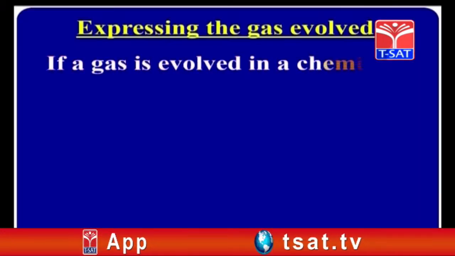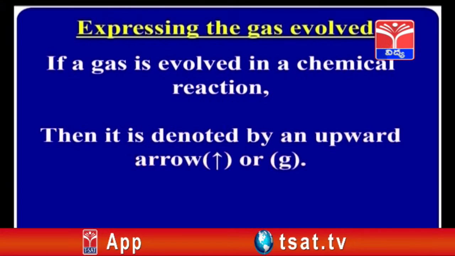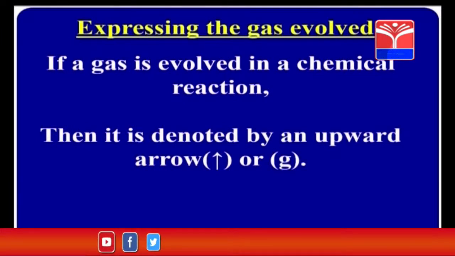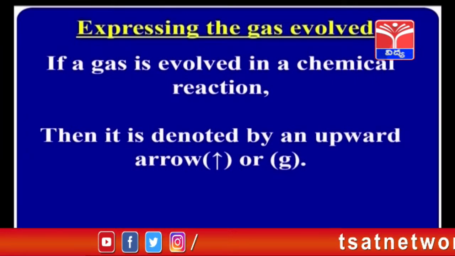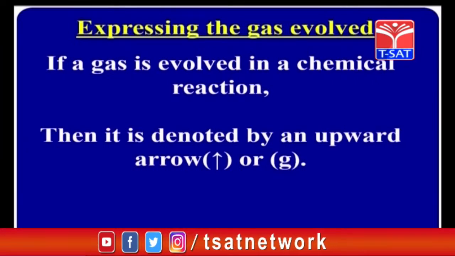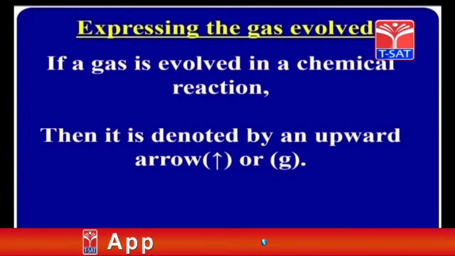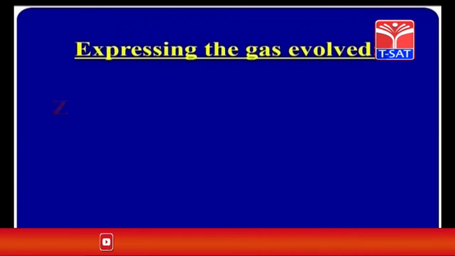So, whenever a gas is evolved in a chemical reaction, it is denoted by an upward arrow mark, or it can be denoted with the symbol G. If gases are released in any chemical reaction, they should be indicated with an upward arrow mark, or with the symbol G.